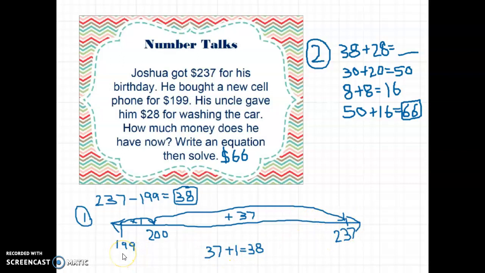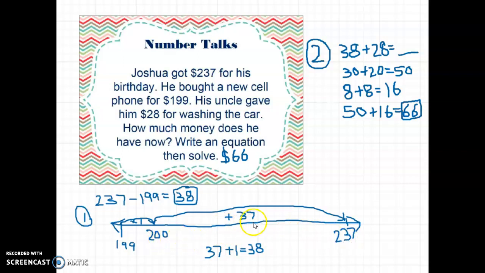The first thing I'm going to do is make a friendly number. And I can see right away that I can add 1. 199 plus 1 will give me 200, which is a very friendly number when you're adding up to 237. So now I can clearly see that I can add 37 more to make 237, which is what I did.